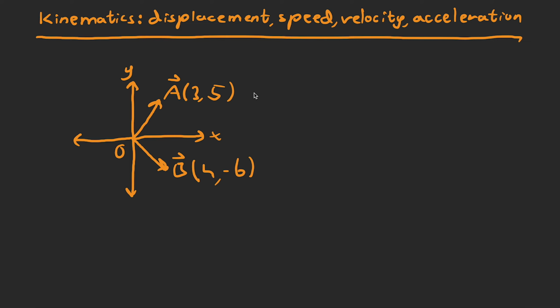So the displacement is basically the difference between these two distinct position vectors. The quantity of displacement gives us how much we traveled from the origin.